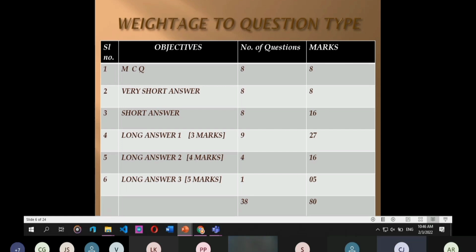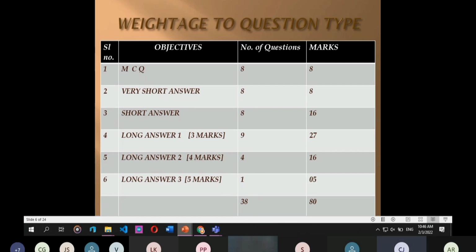Third, short answer, where 8 questions are given for 16 marks. Each carries 2 marks. Then long answers consist of 3 types based on marks. First long answer carries 3 marks, where 9 questions are asked for 27 marks.